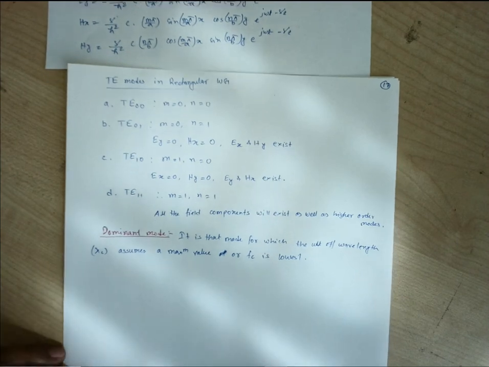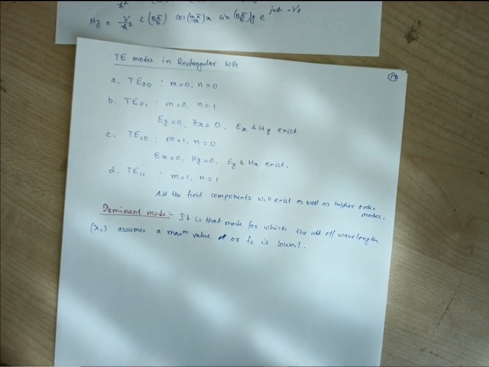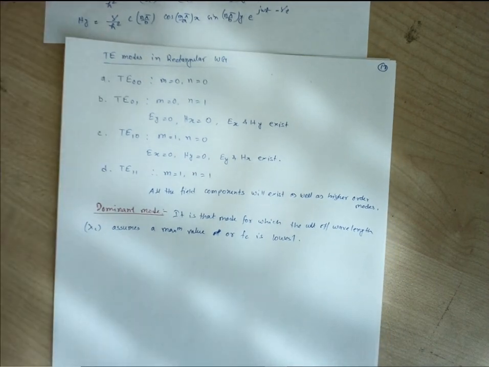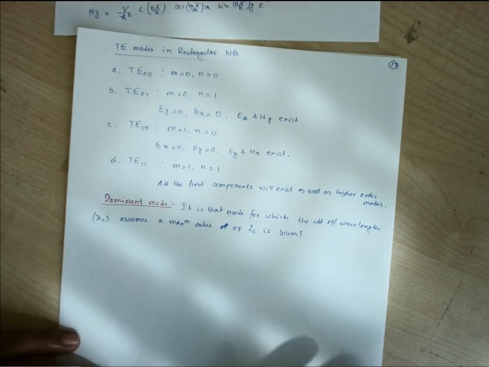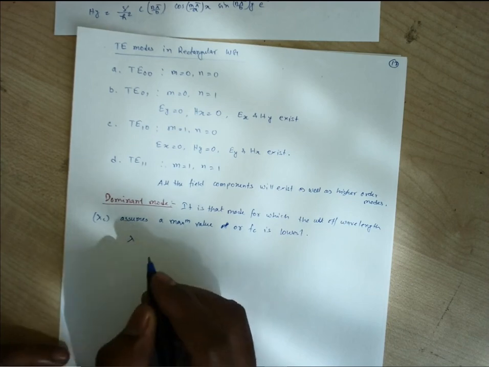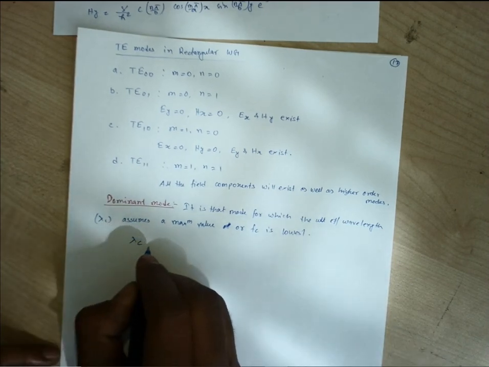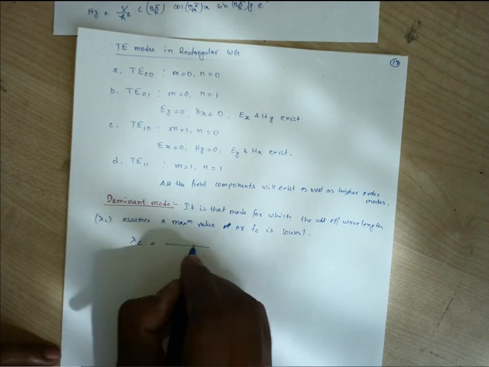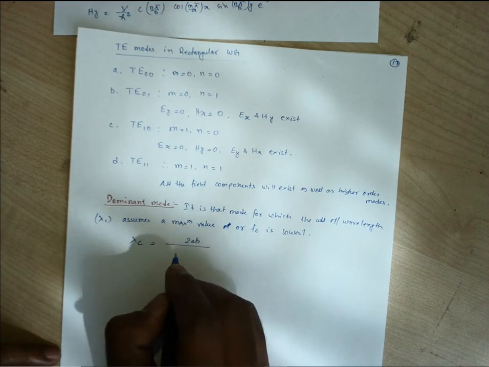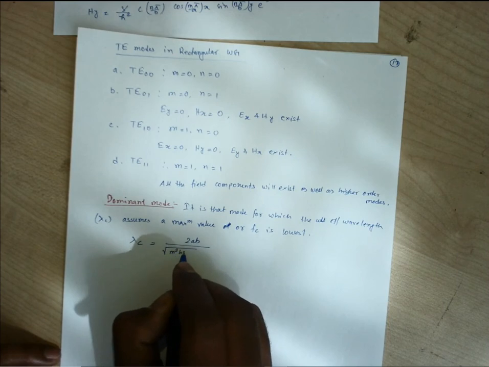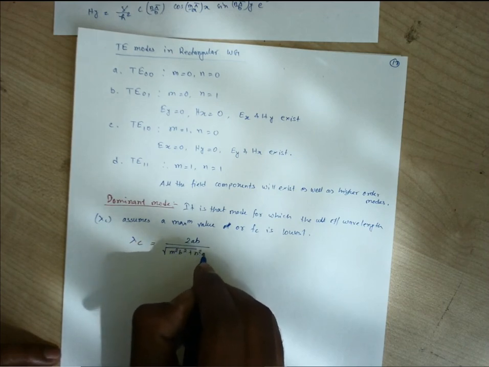Now let us check which mode is the dominant mode, that is, out of all the modes which we have considered for TM or TE, which mode is the dominant mode, the one having the highest cutoff wavelength and the lowest cutoff frequency. According to the concept, lambda c is twice AB by the square root of m squared b squared plus n squared a squared.